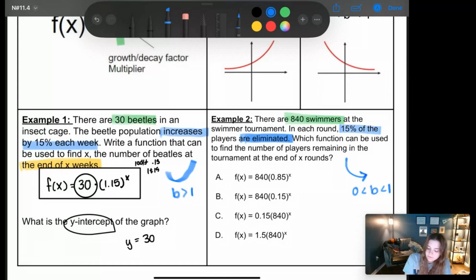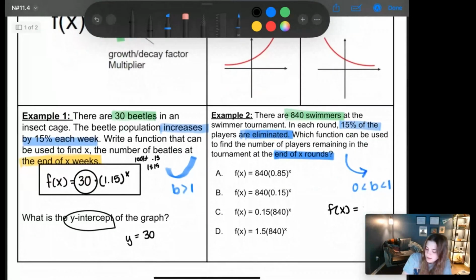Now, let's kind of ride this out. And it says at the end of x rounds, again, we don't know what x is. We'll leave it as x. So, I start out. I know that I'm looking for f of x. I know that my initial value is 840 swimmers. And they continue to decrease by 15%. But think about it like this, okay? I am decreasing by 15%. I'm taking away 15 each time.